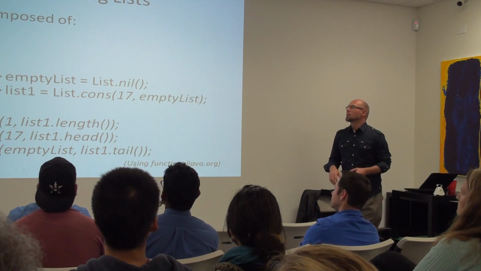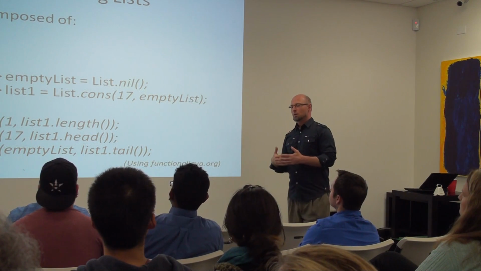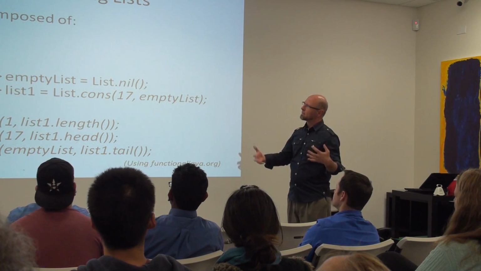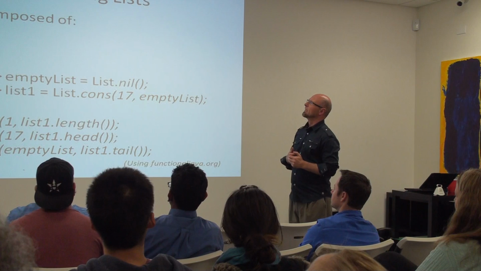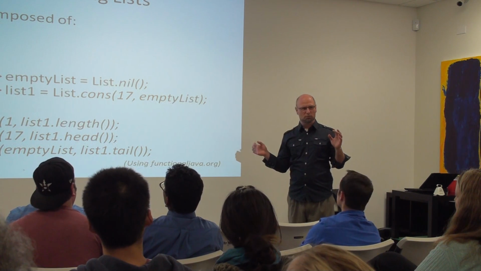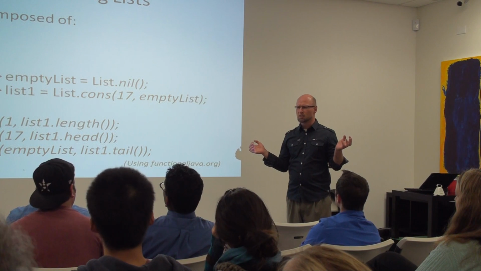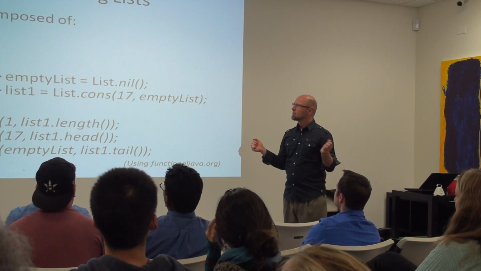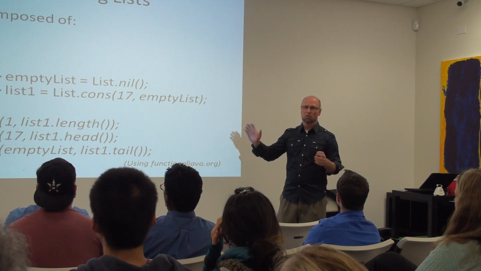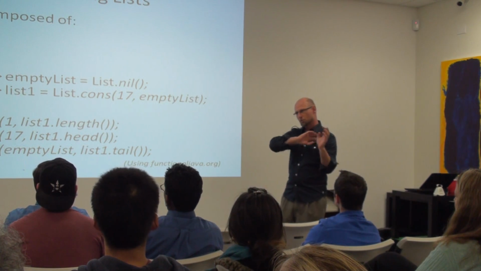So the first thing is to present you with the functional way of thinking of a list. Traditionally, and it goes back to, I believe, 1958 and Lisp at MIT, a list has a head and then it has a tail. So you get the first element and then there's the rest.